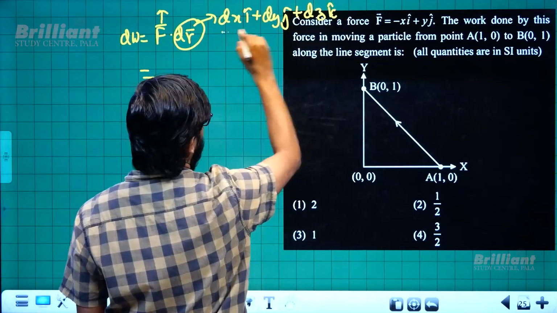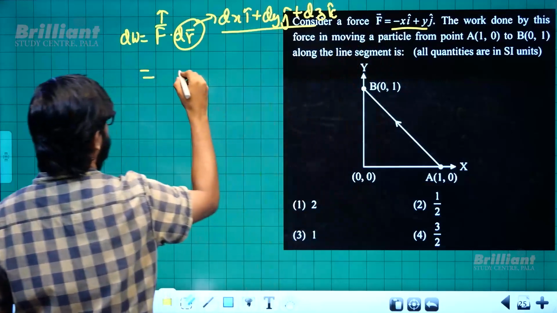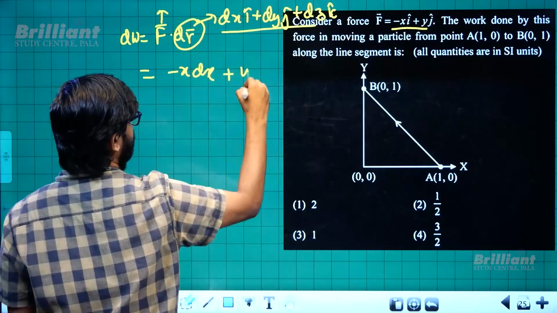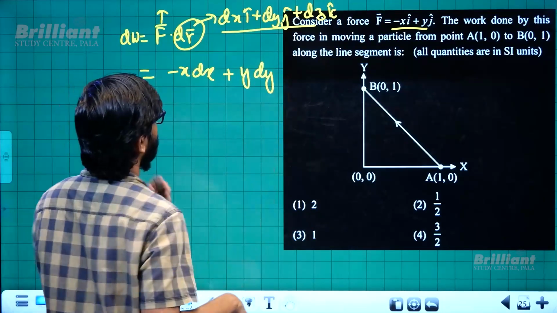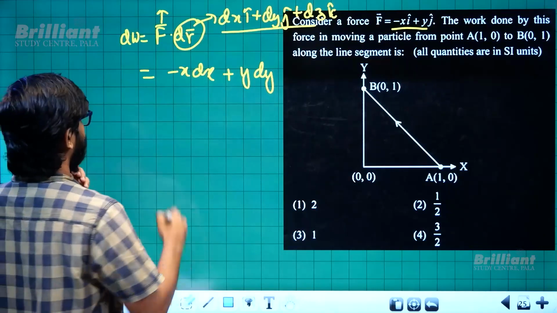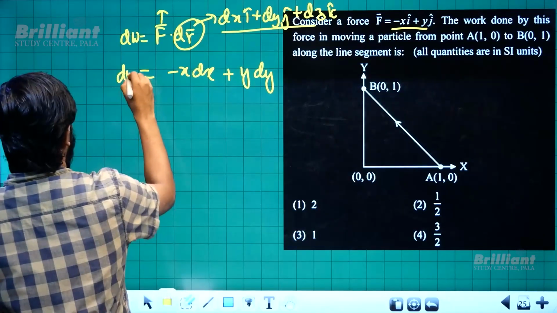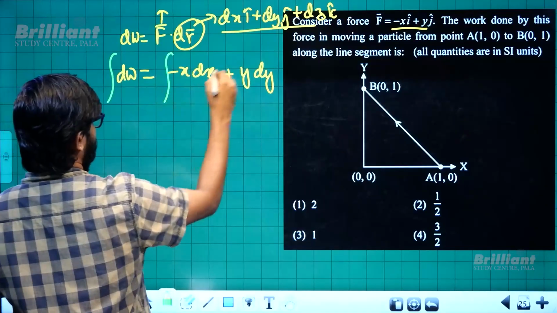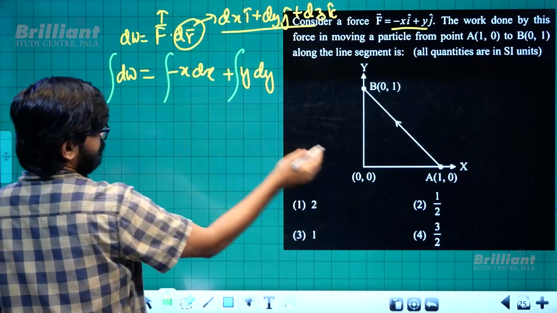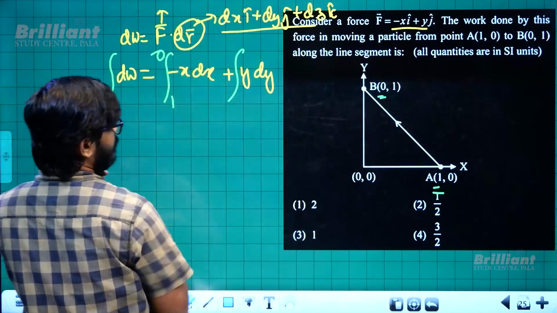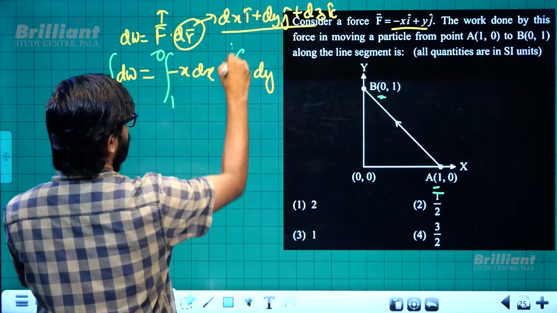When I take the dot product of this and this, I will be getting minus x dx plus y dy. Now this is small work done. If I want the total work done, I have to integrate it. x is varying from 1 to 0 and y is varying from 0 to 1.